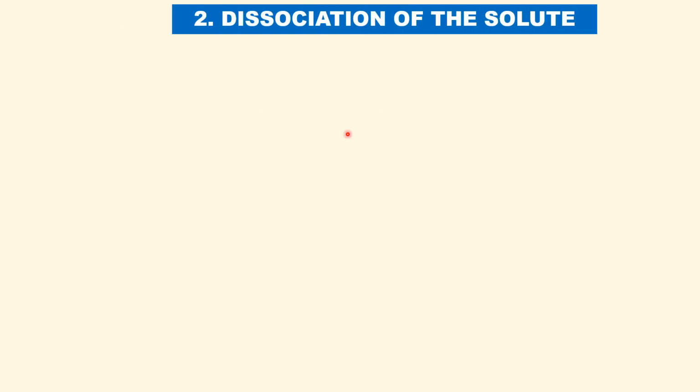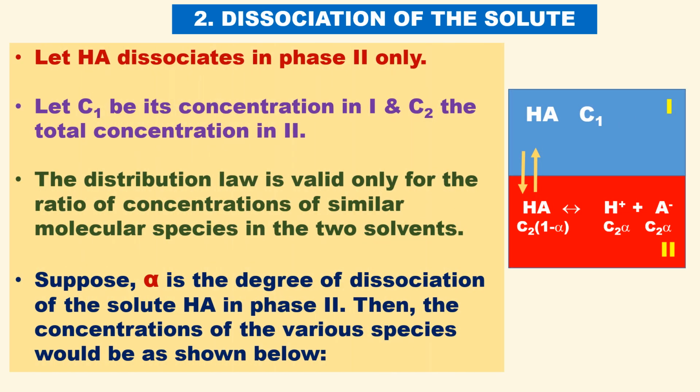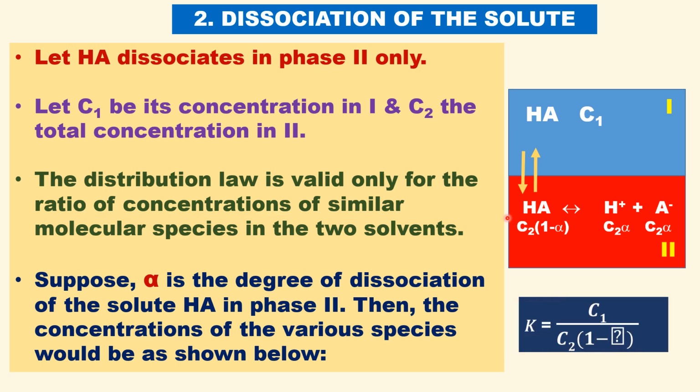Let us consider the second case, where dissociation of the solute occurs in one of the solvents. Let HA dissociate in phase 2, but not in phase 1. Let C1 be the concentration of the solute HA in phase 1, and C2 the total concentration in phase 2.